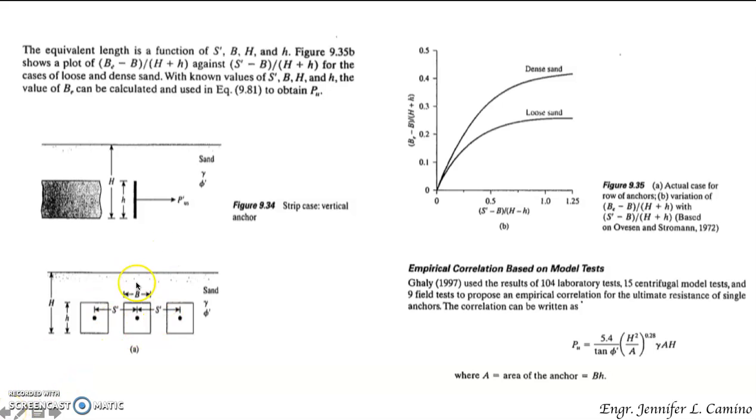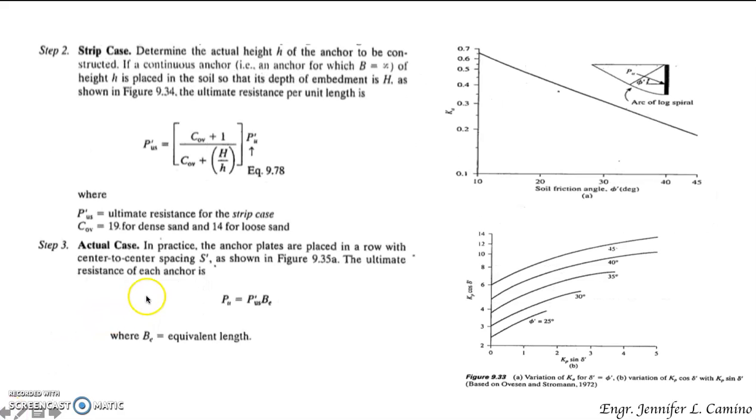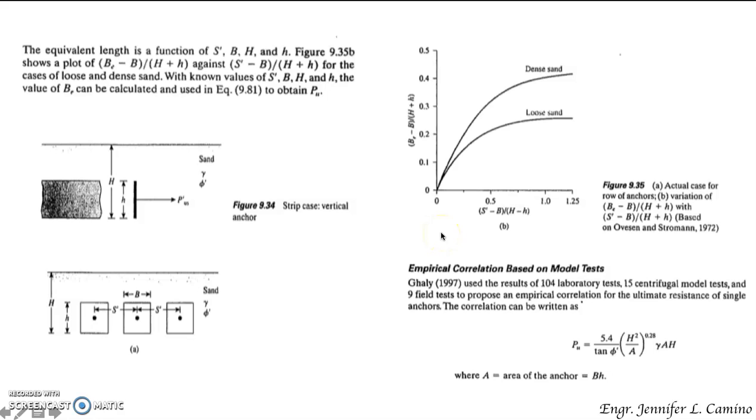For this actual case, of course, the anchors are spaced at a certain distance. We denote that as S prime. And to compute for the ultimate resistance of each anchor, you have this equation. Of course, B sub E is the equivalent length. And we have here the empirical correlation based on the model test conducted by Gali. So for the ultimate resistance of a single anchor, this equation can be used.